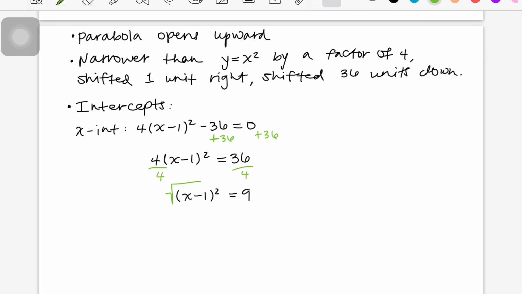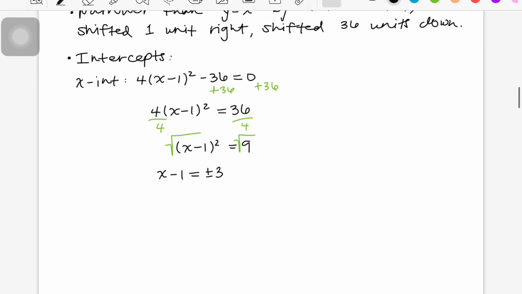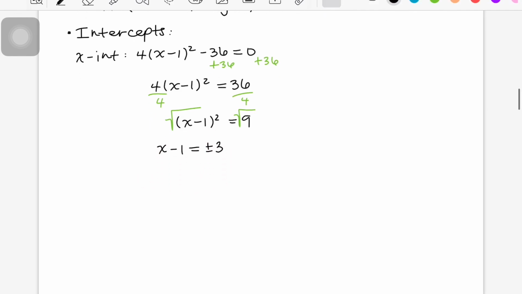Now taking the square root of this, we get x minus 1 is going to be equal to plus or minus 3. So this tells us that in order to solve for x, we're going to have x minus 1 is equal to -3, or x minus 1 is equal to positive 3.